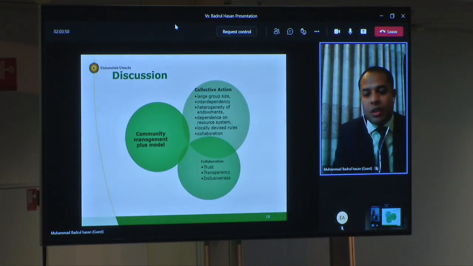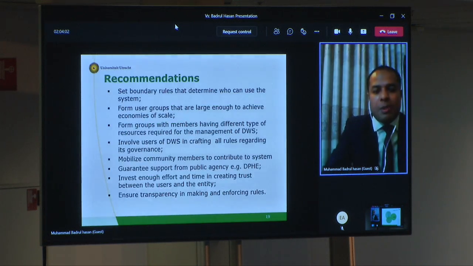Similarly, for collaboration, I found that trust, transparency, and inclusiveness are important indicators to ensure the collaboration between the public agency officials and the drinking water system users.